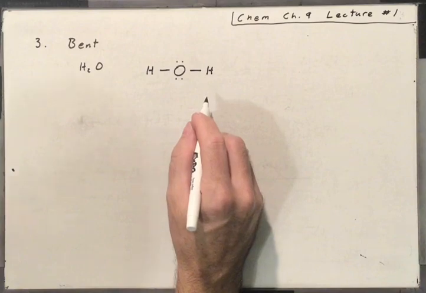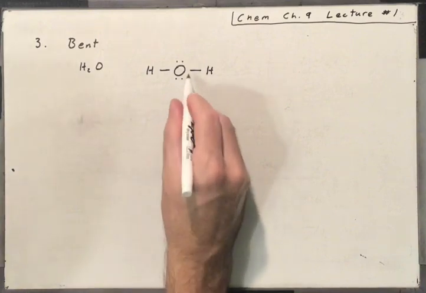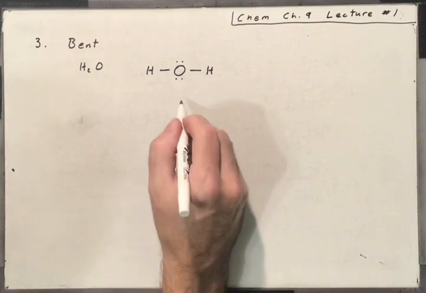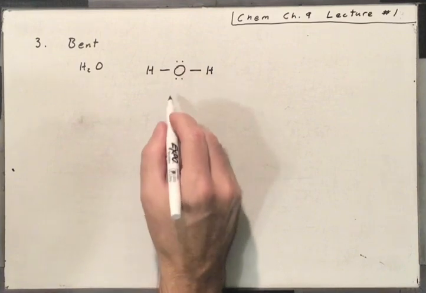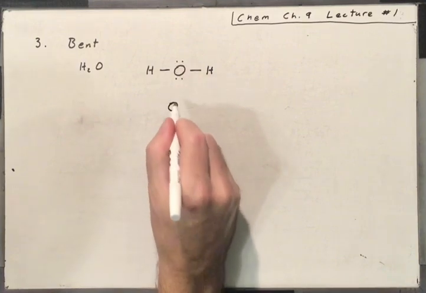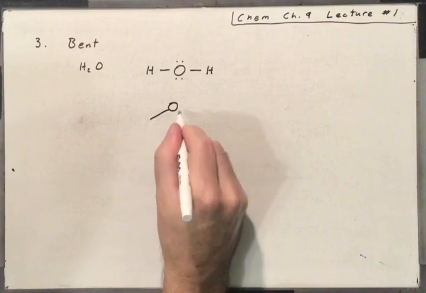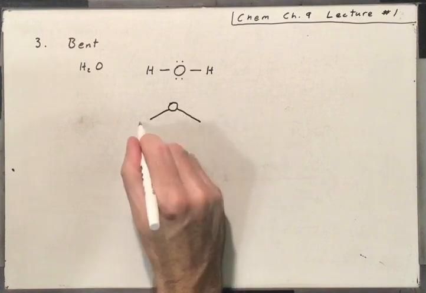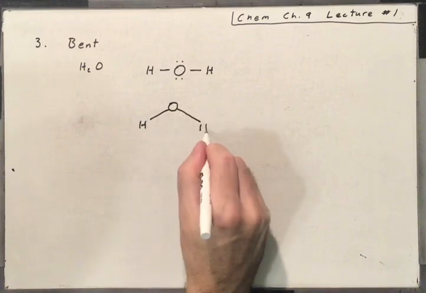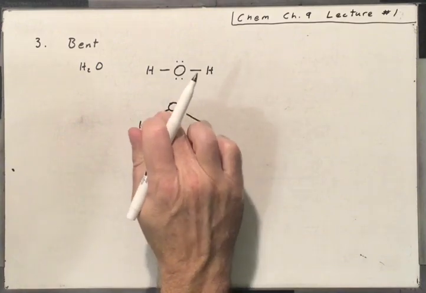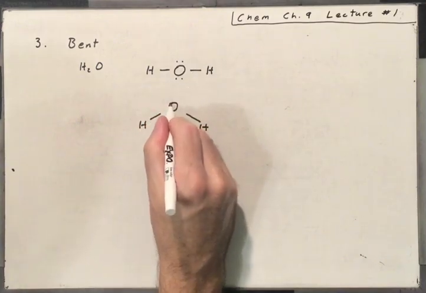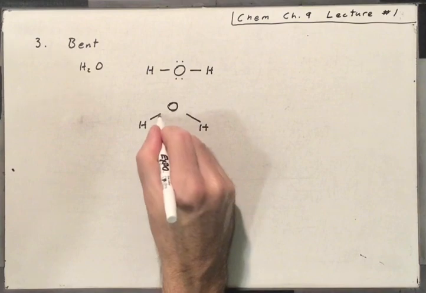Well, what ends up happening with the bent shape, so that these can get as far apart as possible with those electron pairs, is you end up having this situation. All right, sorry about that. I'll leave a little space there.